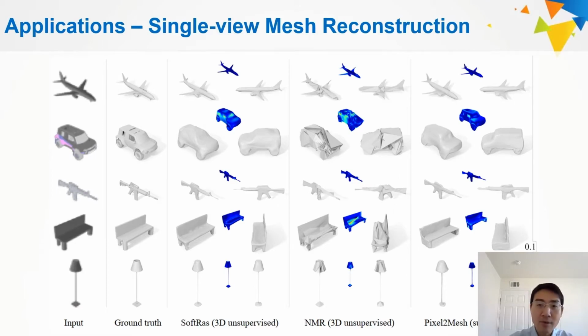So we can already reconstruct very smooth and also reasonable results. Compared with the pixel to mesh method, our results are still comparable. But remember, pixel to mesh is a supervised learning method. However, our method is unsupervised.